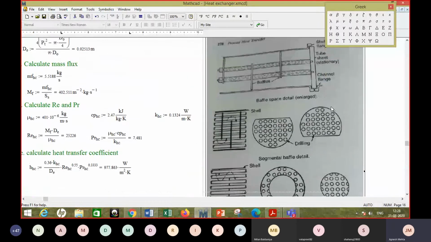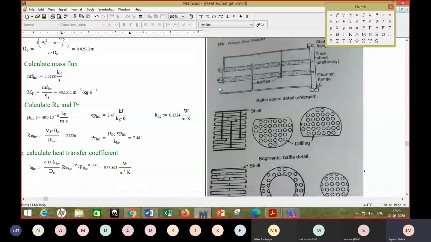So it can be like this. This is the baffle, right? This is the baffle. And in that the holes are made, and you are going to put the baffles like this. There are only two baffles shown, but there will be multiple baffles. And then this is the end where the tubes will be supported.